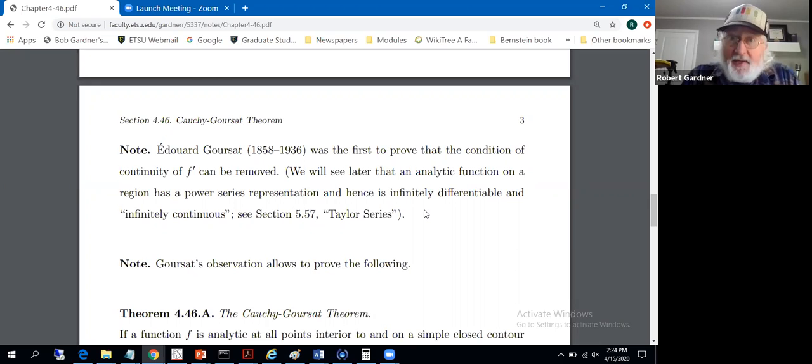We may not have time to get to the power series material here in chapter 5, but if we did, we'd see that analytic functions have power series representations, and power series representations are representations of analytic functions. So we're getting analytic if and only if power series before we're done, ideally. And when you take a real analysis class, analytic is going to mean power series representation.